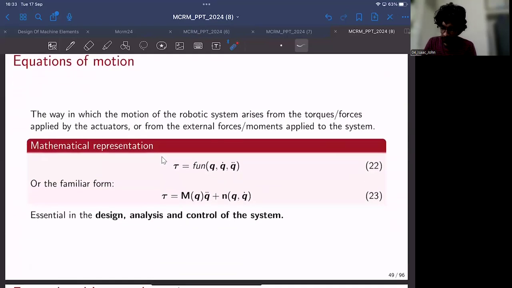So, equations of motion, just like any mechanical system, can be expressed like so. The torque is nothing but the mass matrix multiplied by an acceleration vector plus a vector which comprises terms contributed by the Coriolis and centrifugal effects.